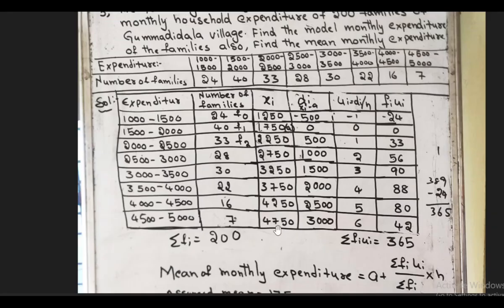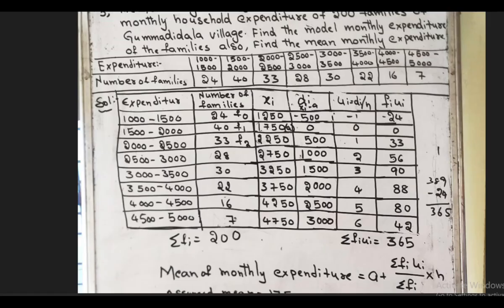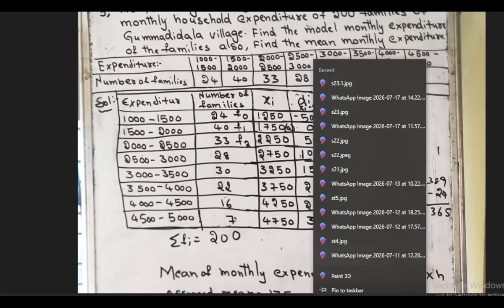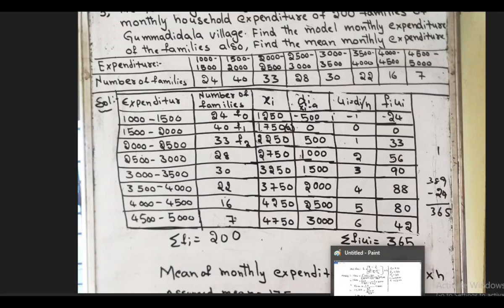Mid value we take as a class mark. So we already found the way of finding the mid value.